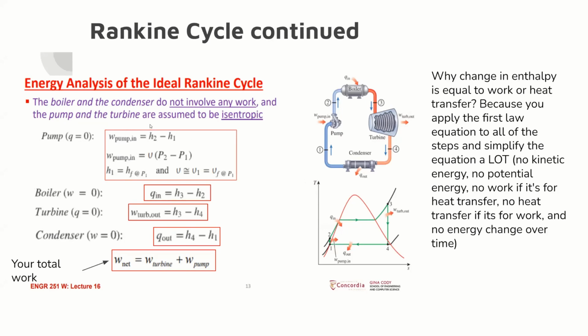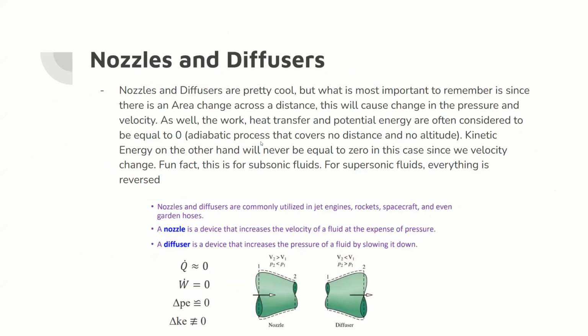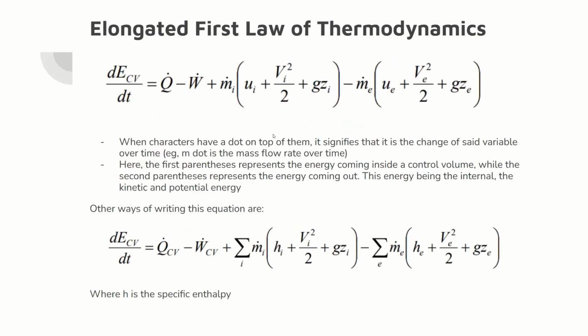And you may be asking, where did these equations come from? It's the first law equation, very simplified. dE/dt is equal to 0. For the pump and the turbine, it's adiabatic, we saw, so heat transfer is equal to 0. Assume all the time that kinetic energy and potential energy are always equal to 0. So you're just left with work, mass flow rate, and specific internal energy.